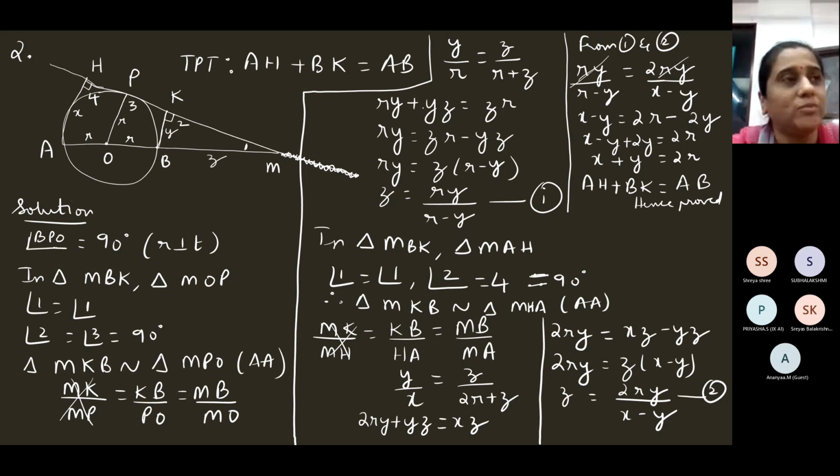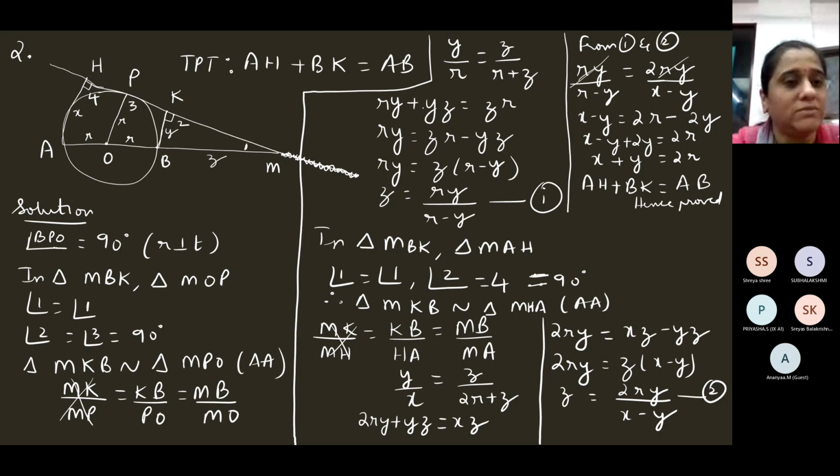We take MBK to be the common triangle. We are going to prove that the smallest triangle MBK is similar to MOP as well as MAH. And that is easy because one angle is a common angle, and then 90 degrees.